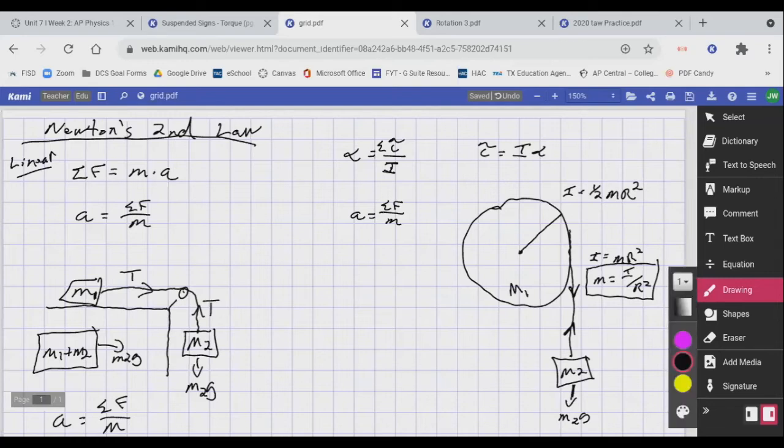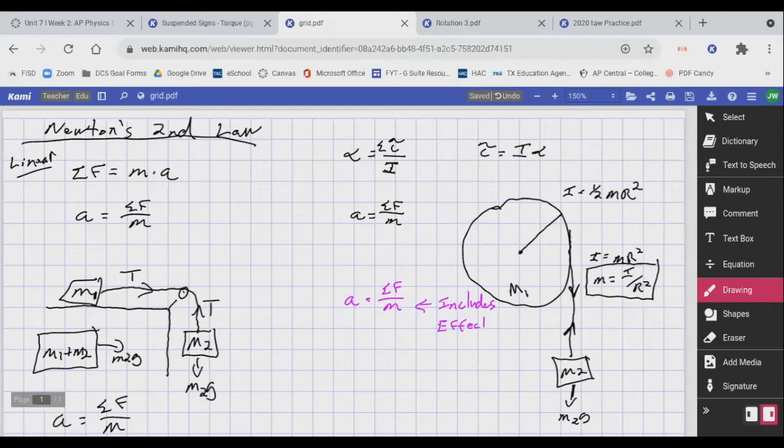I'm going to change colors just slightly so we don't get lost in the order of what I wrote. If we remember, A equals the summation of forces divided by M, and that mass includes the effective mass. So let's use this equation and write in our information.